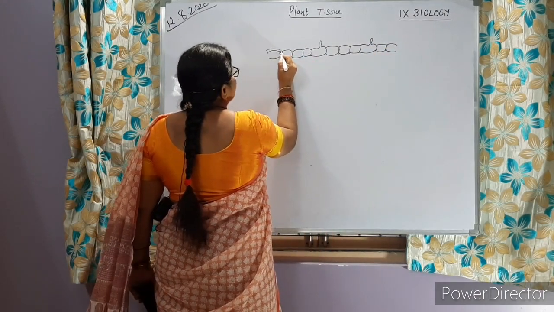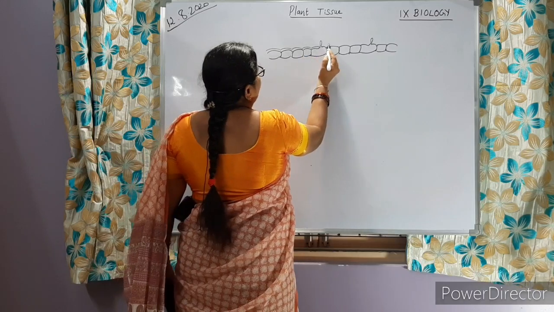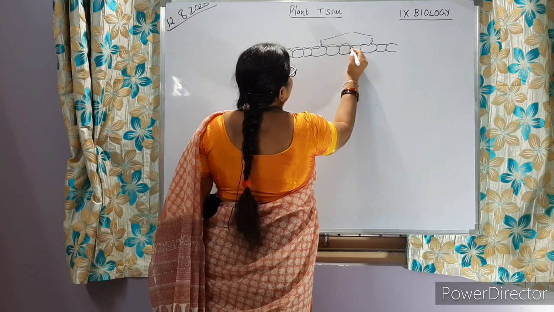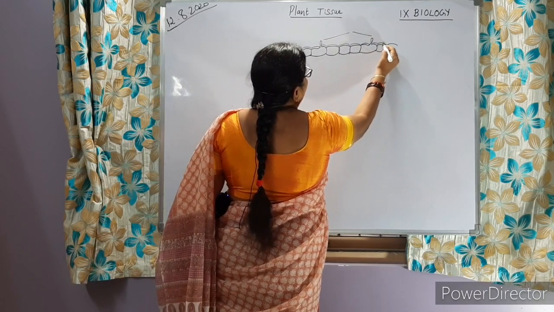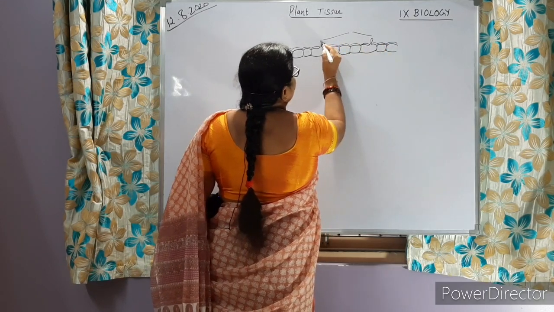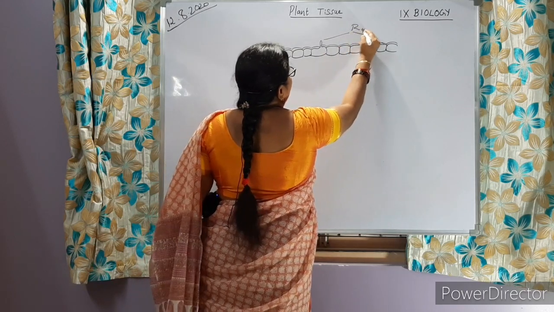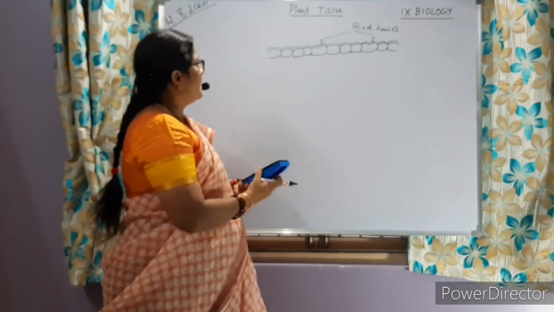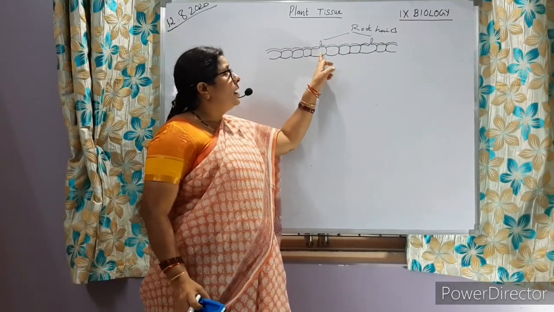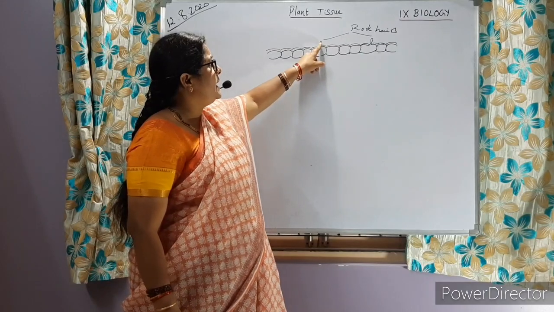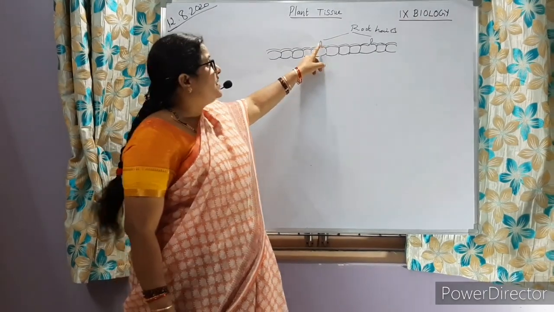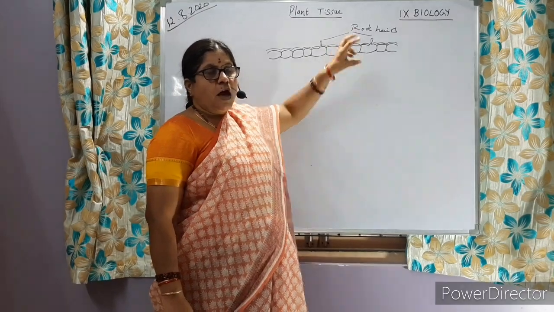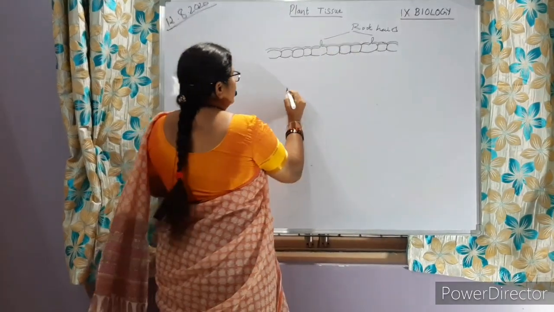Here this is the cuticle, and now I am drawing these fine hair-like structures, root hairs. The epidermal tissue in roots forms fine hair-like structures which we call root hairs. These root hairs are going to help in absorption of water.